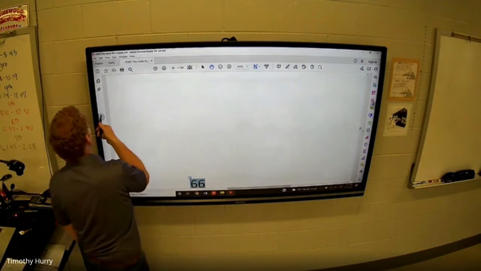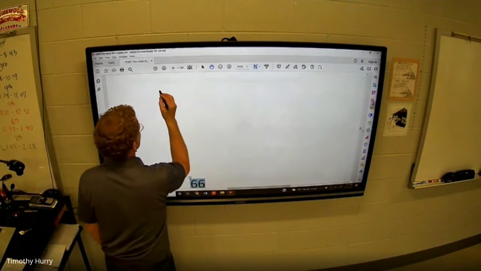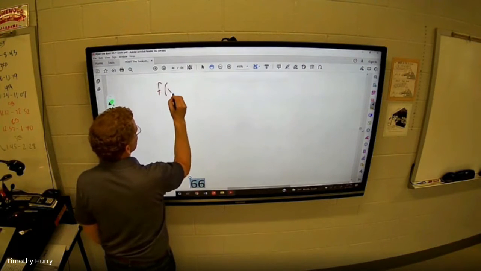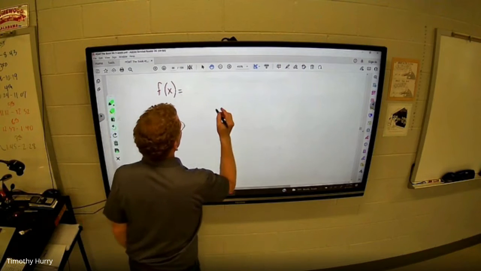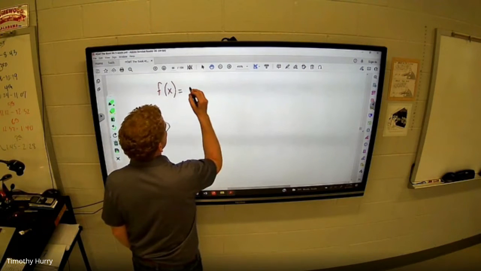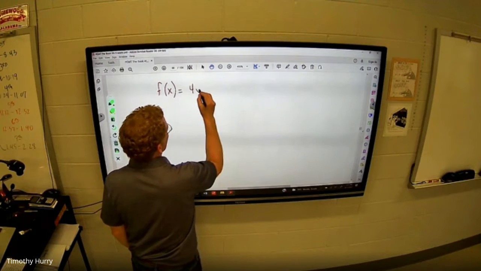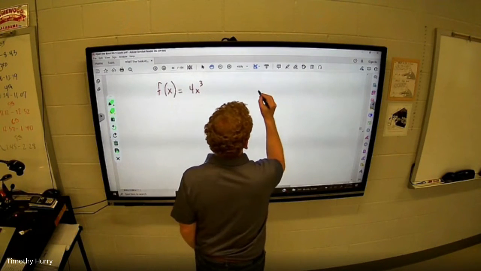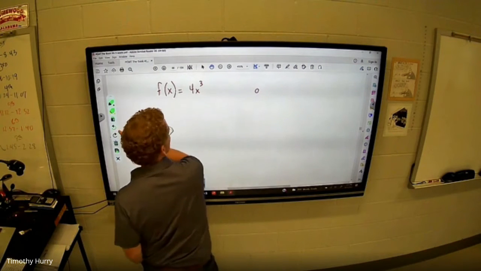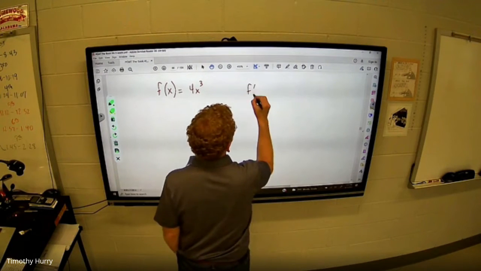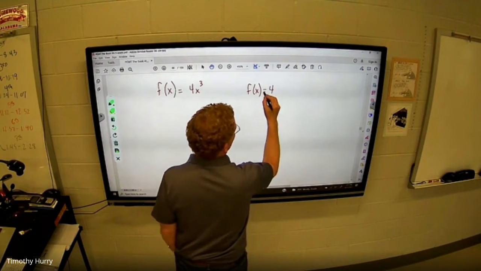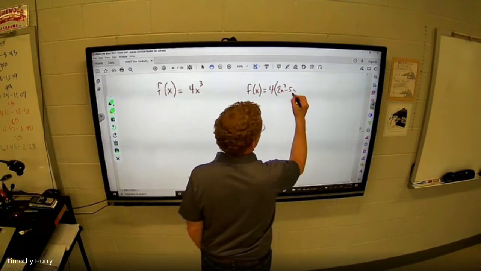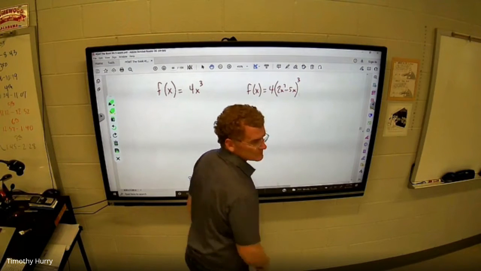So here's what we've learned so far. I'm going to give you a couple of examples and put them side by side. We have done so far stuff like 4x cubed. What we're going to do today is a function like 2x cubed minus 5x, cubed.